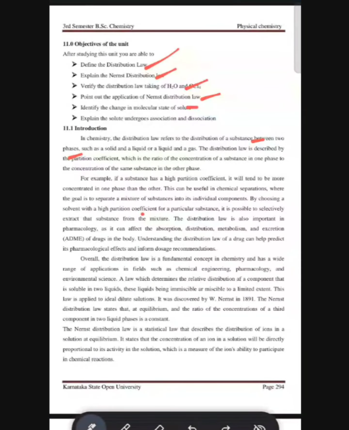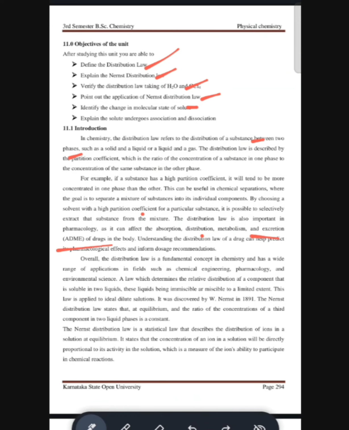For example, if a substance has a high partition coefficient, it tends to be more concentrated in one phase than in another phase. The distribution law is also important in pharmacology, as it can affect absorption, distribution, metabolism, and excretion.